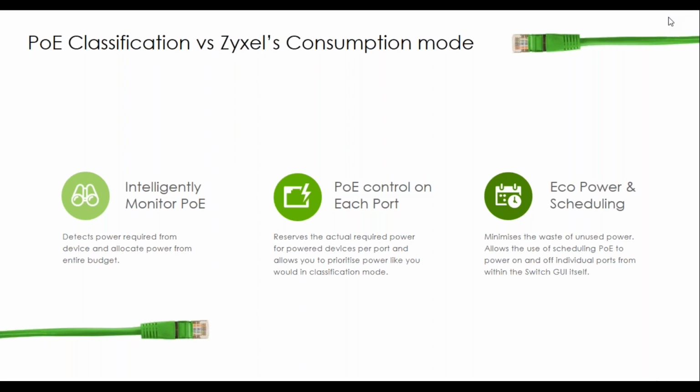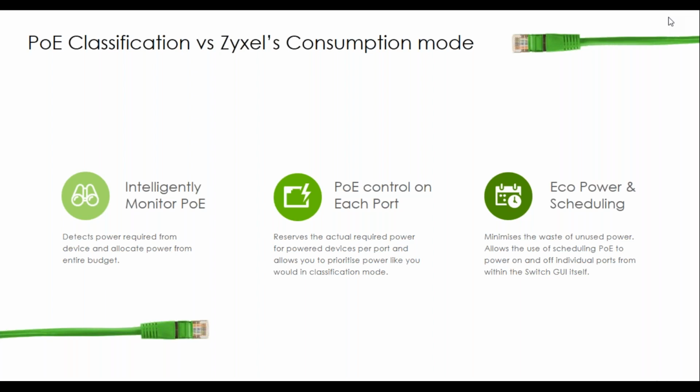So you can shift to consumption mode, and then you have just a power reservation of 7 watts per port. And you could, in theory, connect up to 25 devices. And this is something you should always do.